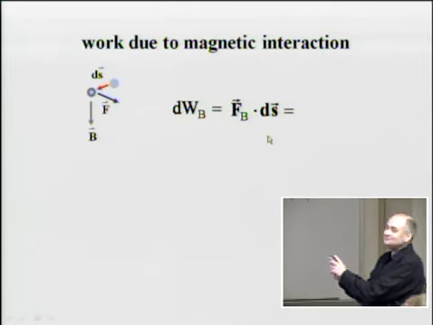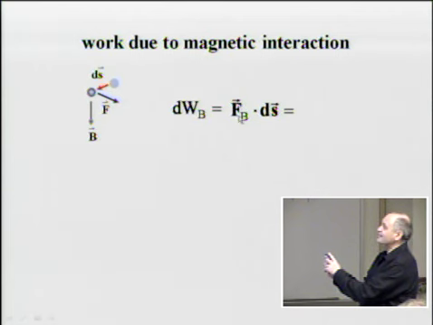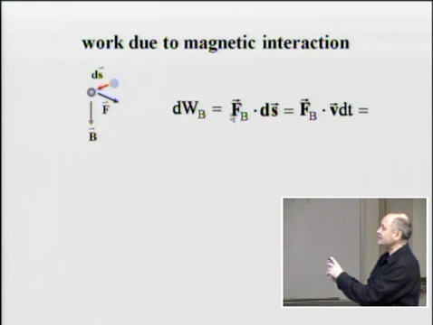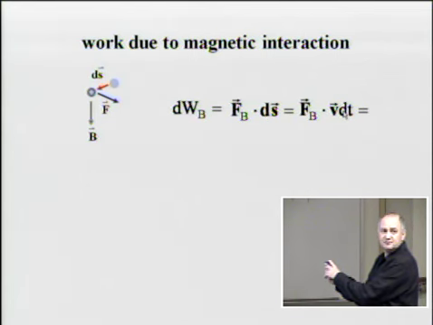Now, let's write down explicitly the expression for the magnetic force. Actually, I wrote over here that the differential displacement ds is equal to the product of velocity and time dt. Right? Where did I get it from? How is it that I could substitute ds with velocity multiplied by dt?